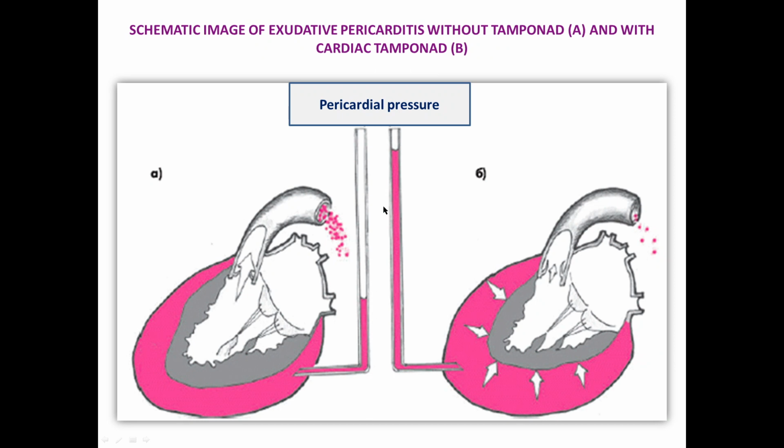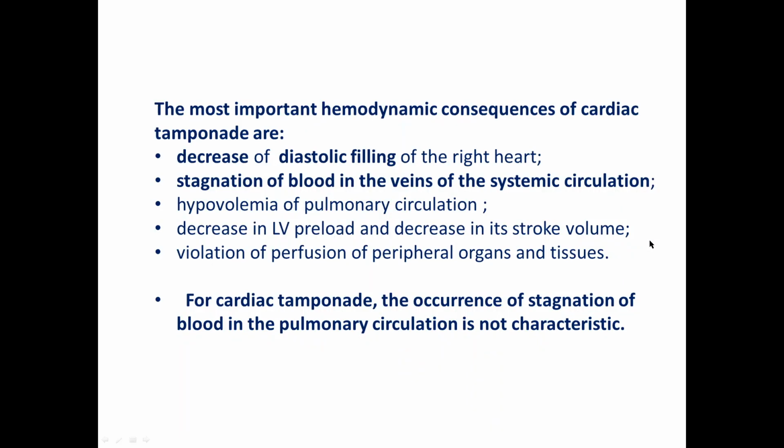On this picture, you see schematic imaging of exudative pericarditis without tamponade and with tamponade, and you see pericardial pressure in cardiac tamponade sharply increases, which causes sharp compression of the heart and decreasing of diastolic filling, and decreases the cardiac output.